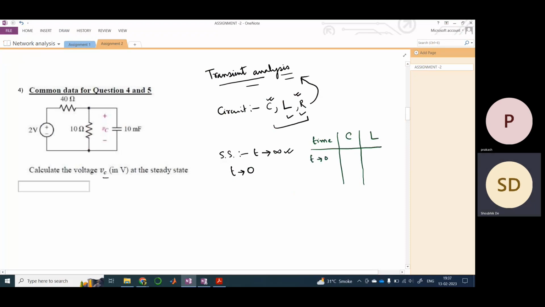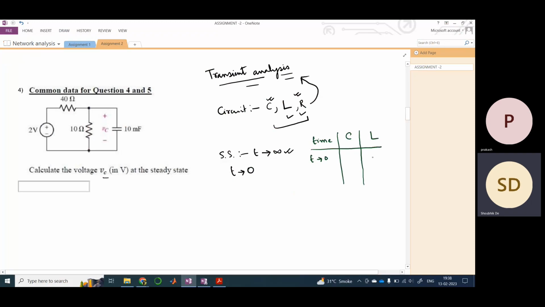So understand this. At time t equals to zero, my capacitance will be initially uncharged, right? I mean, if the capacitance doesn't have any voltage, it is not charged initially. Let's say the capacitor is not charged initially.